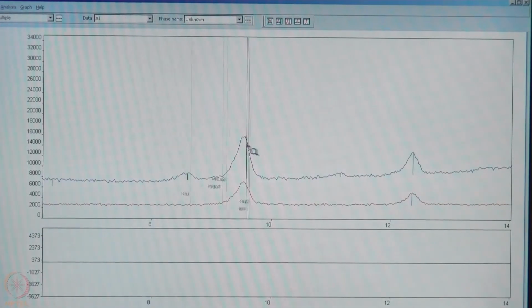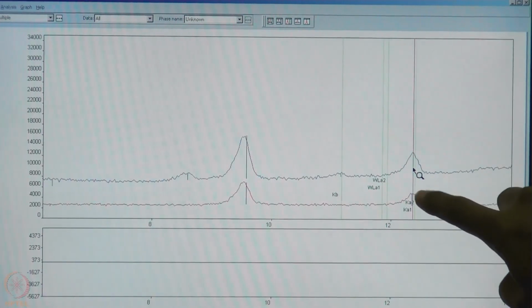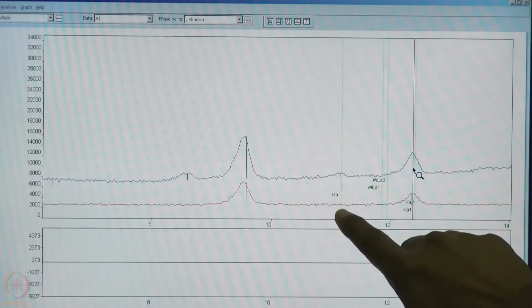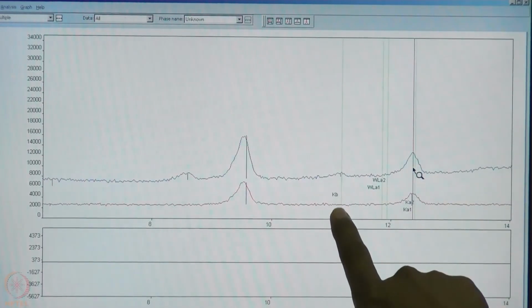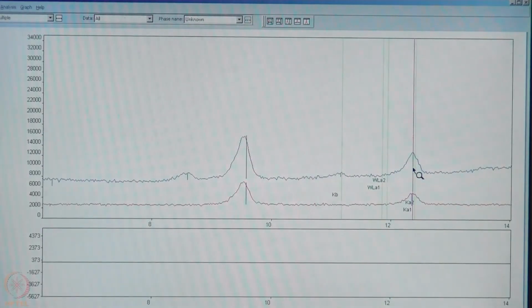Similarly, if we bring that line here on the right hand side, this peak corresponds to the K alpha 1 and then K alpha 2 as well, but there is a very small peak appearing there, which was not there in the red because it was a flat background, but here there is some indication of a small peak.